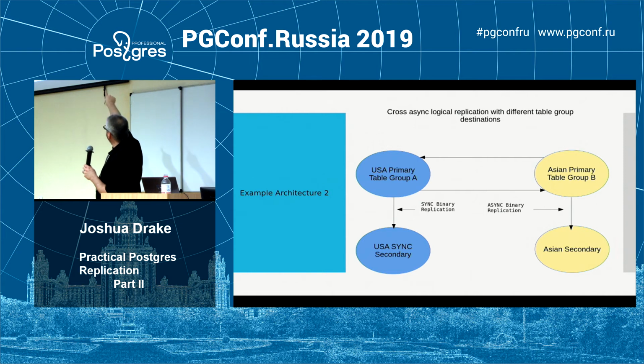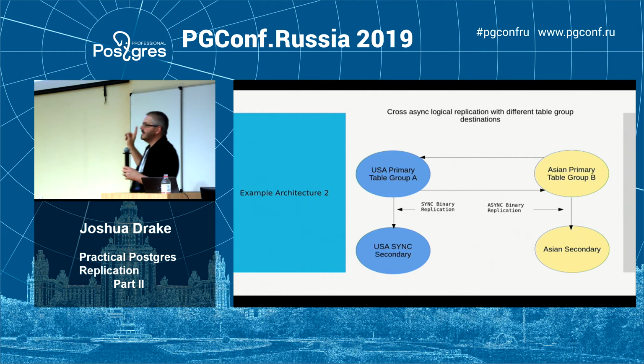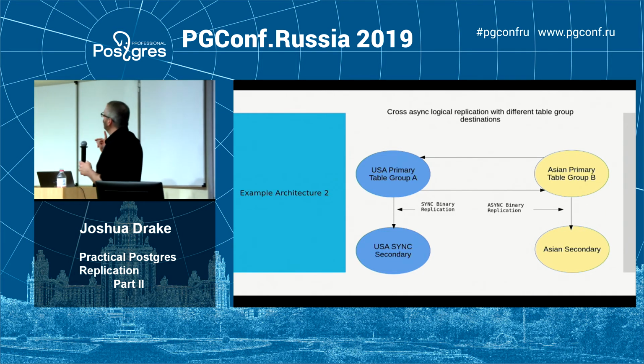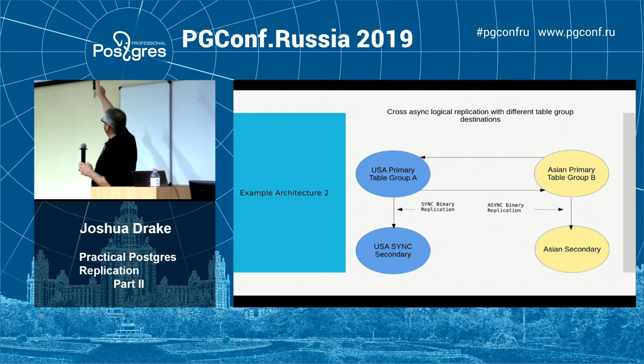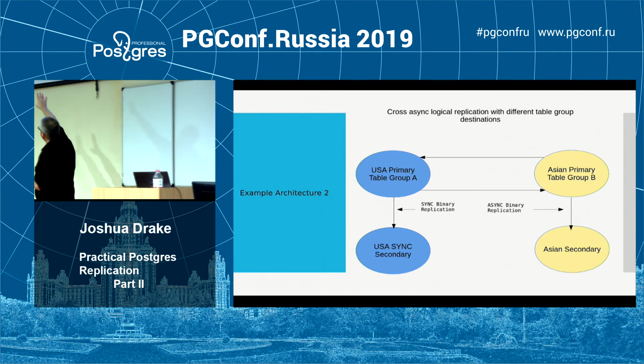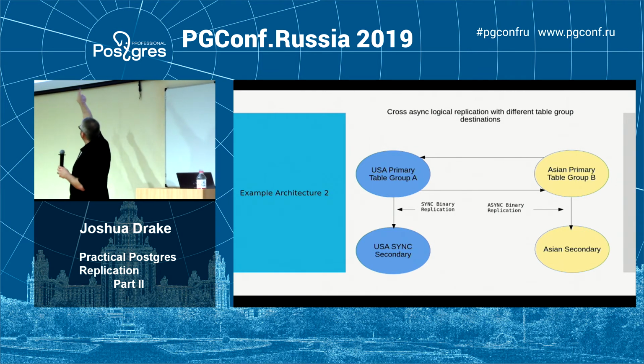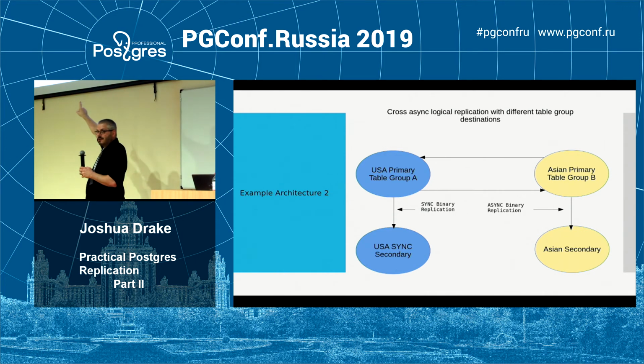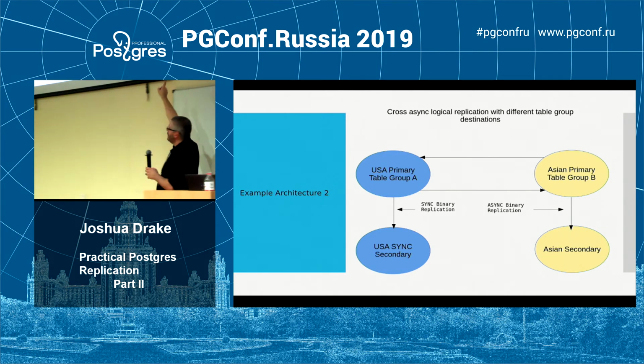And then, of course, we do have an async binary replication for the Asian primary and then a synchronous binary replication for the US. This is a great example of where logical replication can be useful. The Asian primary is not allowed, for regulatory reasons, to connect and use this application, and the US primary is not able to connect to the Asian primary.